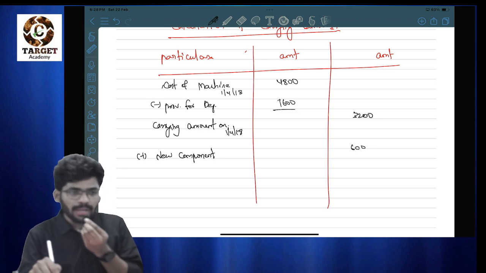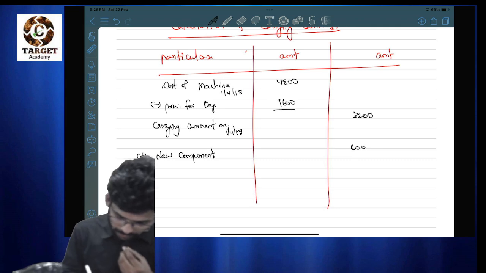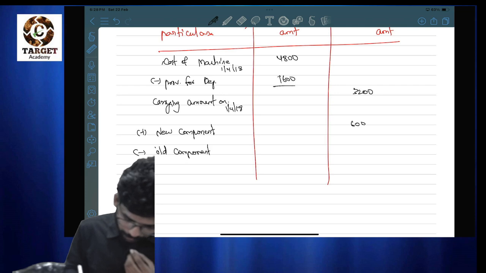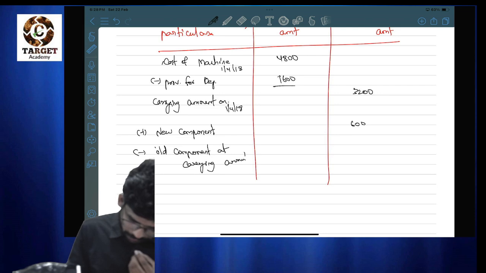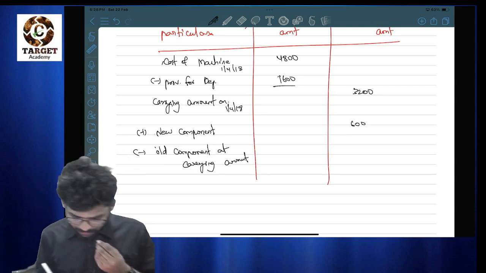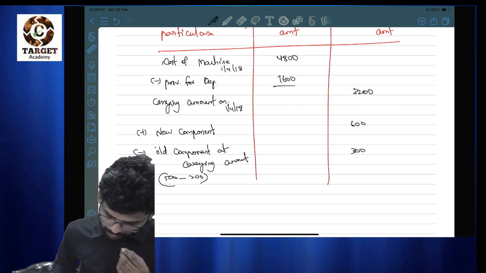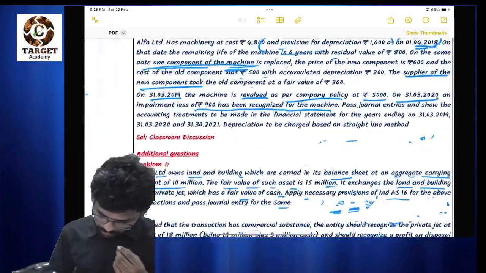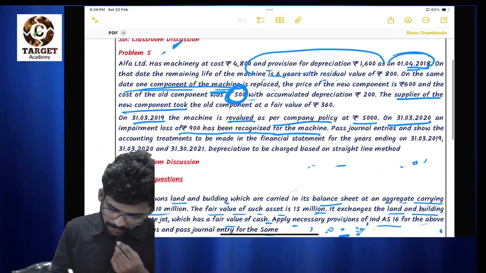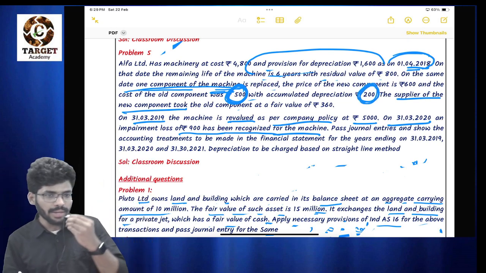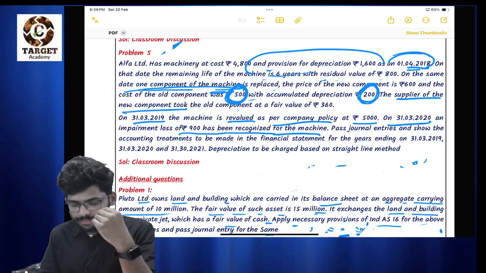Derecognize the old component at carrying amount. How much? Calculation 500 minus... Correct or not? Cost is 500, depreciation 200. So balance 300 is the carrying amount.